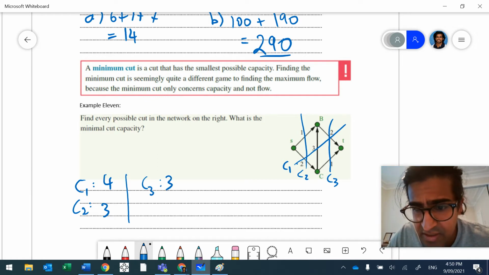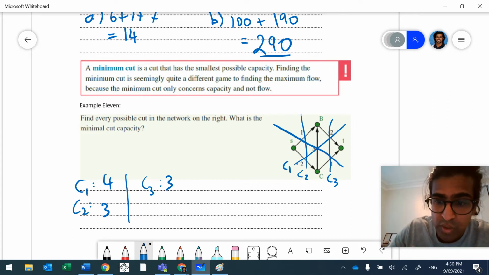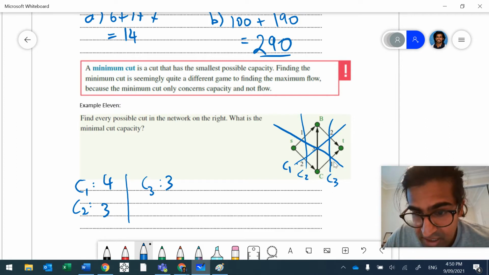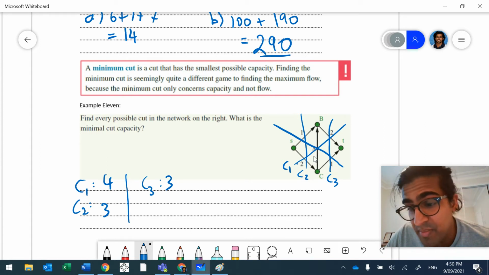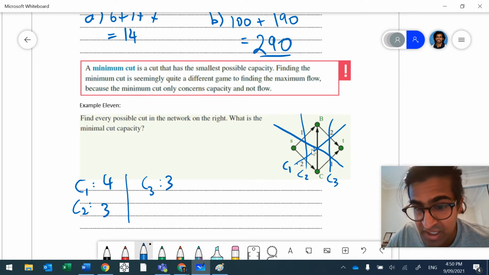Are there any others? Yeah, we could mirror the C1 cut and cut along this way as well. And we can see that this one we can add. This one, can we add? Yes, we can. Remember, when we went the other way, we couldn't because that made this go from the sink to the source. But because we're cutting this way now, we've got the source on the correct side.